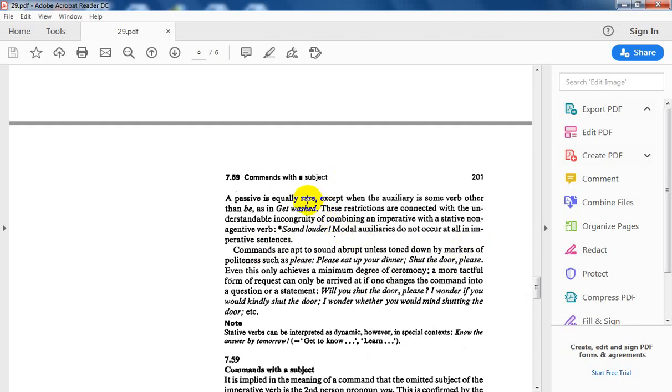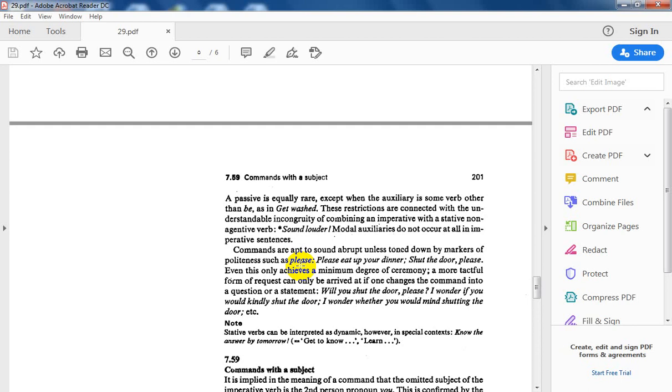Again, commands are apt to sound abrupt unless toned down by markers of politeness, such as please. What does this mean? When I ask you, for example, "open your book", you will understand that there is something of harshness, something of impoliteness.